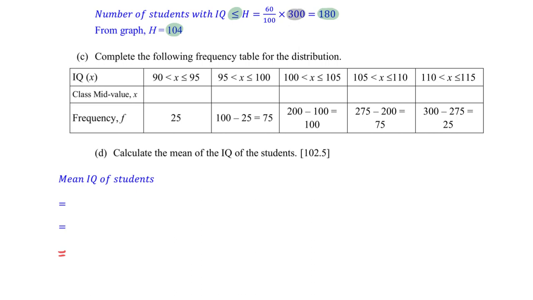Well, we will need to get hold of the mid value of each class. What do I mean by that? How do I get 92.5? 95 plus 90 divided by 2. I will get 92.5.